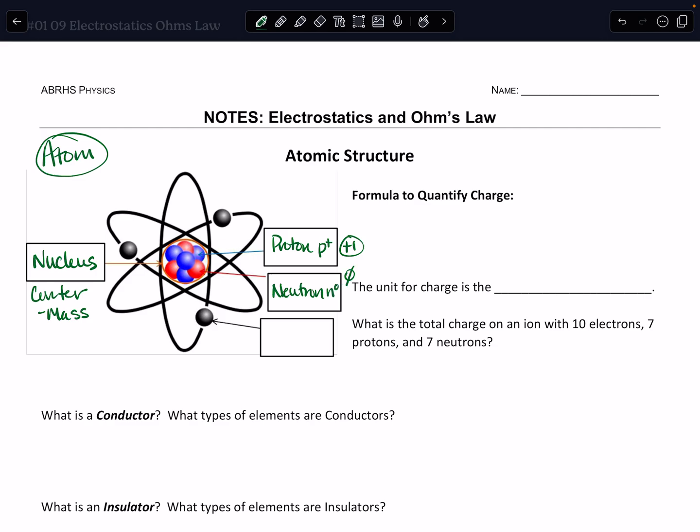Those two are the massive subatomic particles, and that's a very relative term. They're obviously tiny, but compared to the third subatomic particle, which is zipping around outside of the nucleus, the electron, they are massive.